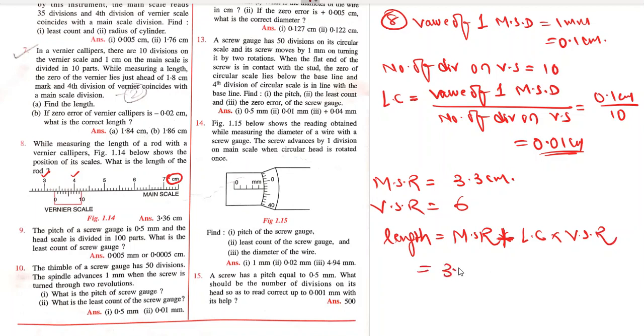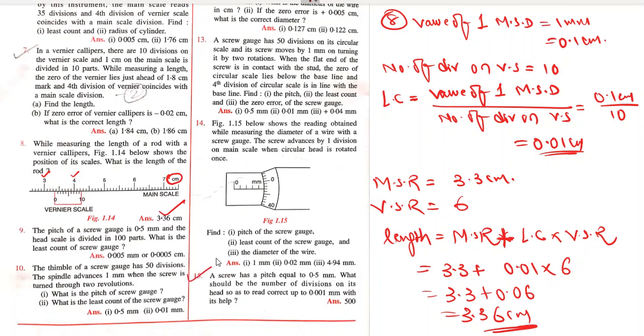So main scale reading is 3.3 plus least count 0.01 multiplied by vernier scale reading 6. So 3.3 plus 0.06, that is 3.36 centimeter. 3.36 centimeter is my correct answer, right?